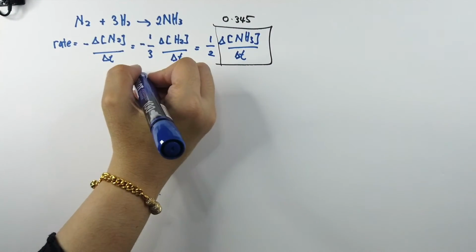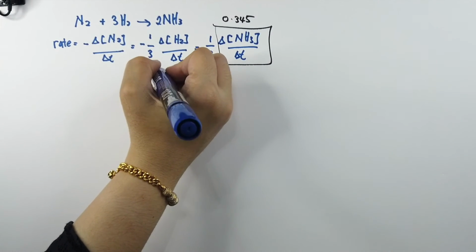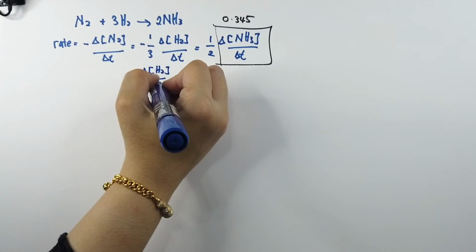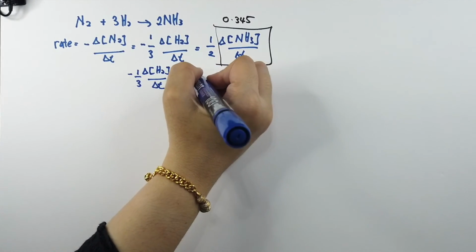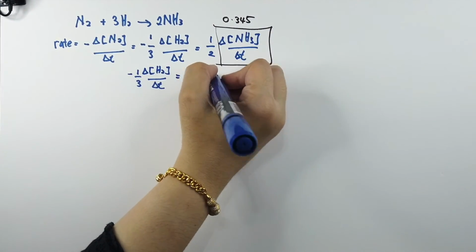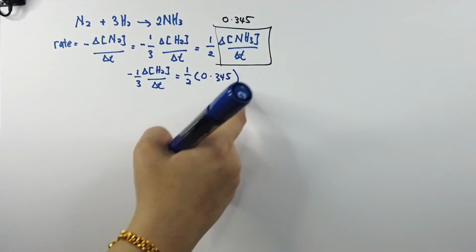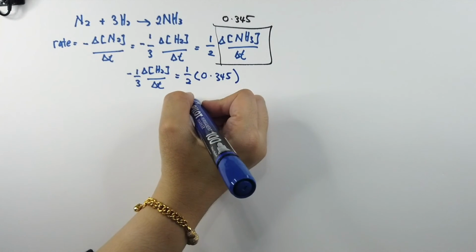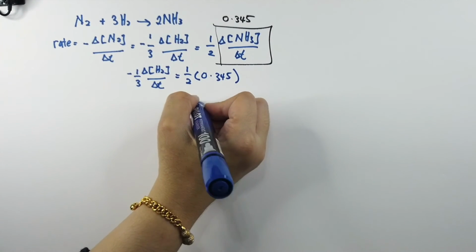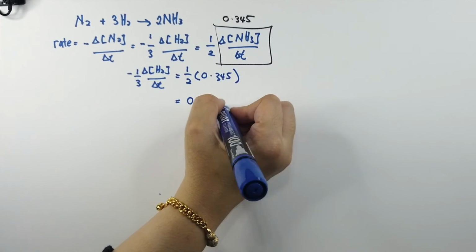So in saying that, 1 over 3 delta H2 over delta t is equivalent to 1 over 2 times 0.345. Therefore, you need to calculate this part. This one should be equivalent to 0.1725.